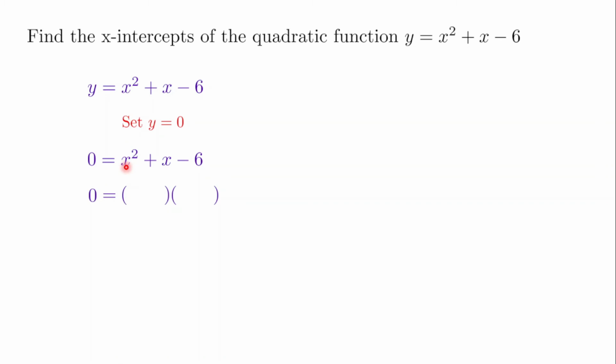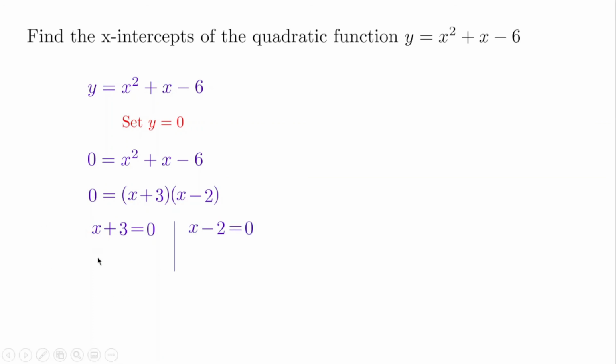The factors of x squared are x times x. And then we think of two numbers whose product is negative 6 and whose sum is positive 1. Okay, so we have positive 3 and negative 2, since positive 3 times negative 2 is negative 6, and positive 3 plus negative 2 is positive 1. x plus 3 we set to 0, and the other factor, x minus 2, we set to 0.